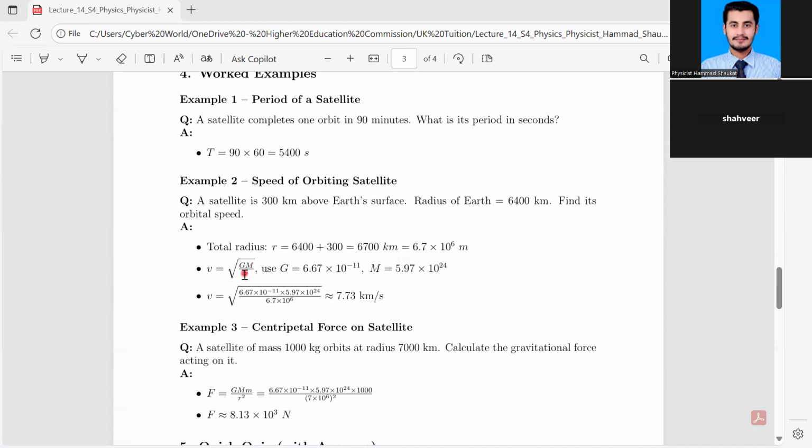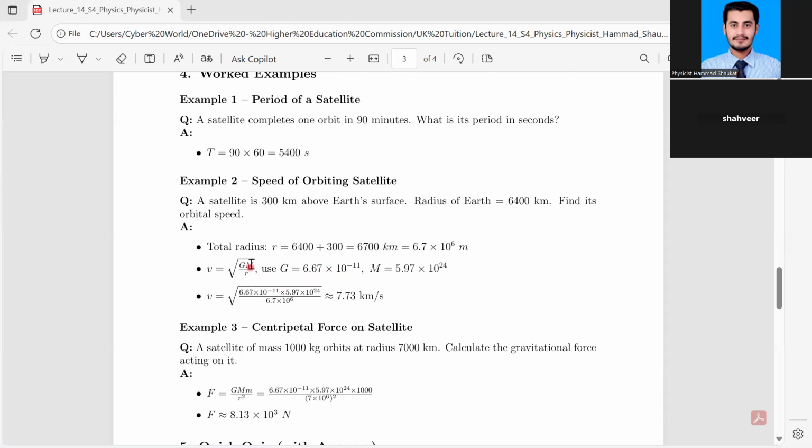G and M are not given. So how do we get the value of capital G and capital M? Basically, the values for capital G and capital M are universal constants. You have to remember these values. They would never be mentioned in the problem. So the value for G is 6.67 multiplied by 10 raised to power minus 11.